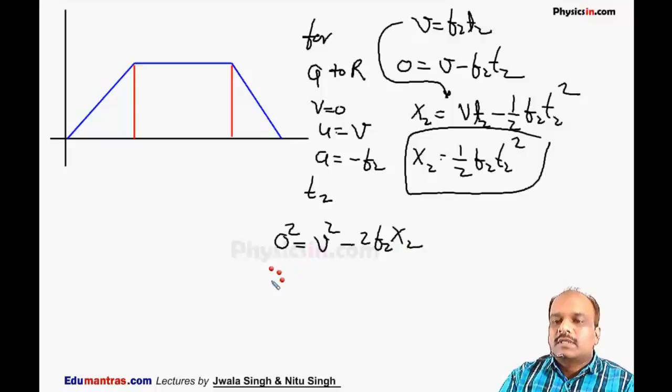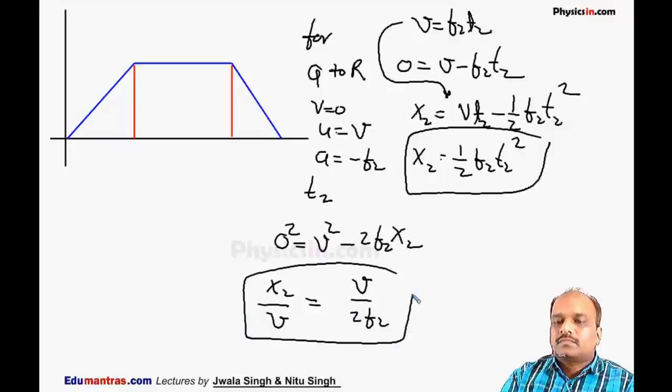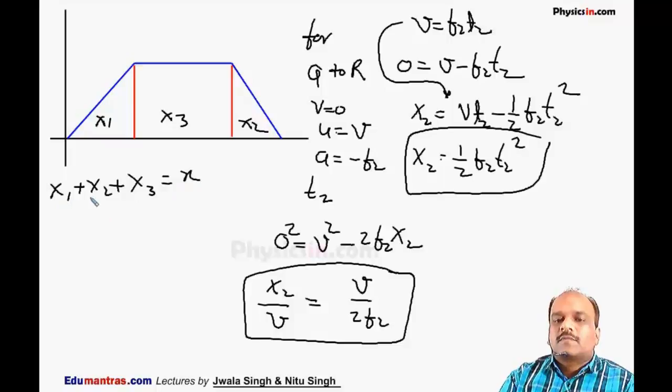So from here I can say x2 by v is equal to v by 2 f2. This distance is x1, this is x3, this is x2. Now it is given that x1 plus x2 plus x3 is equal to x. So from here I can say x3 is equal to x minus x1 minus x2.